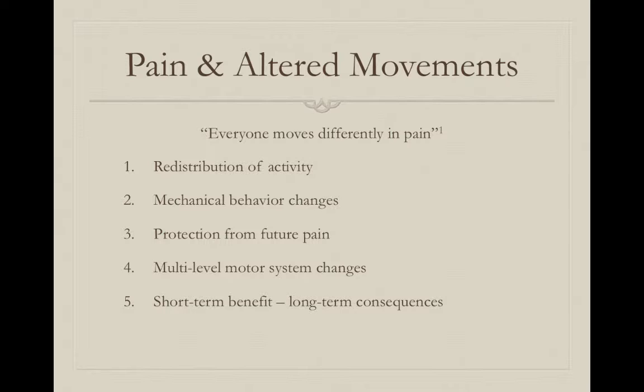As Hodges and Tucker presented in their pain theory, there is a redistribution of activity, mechanical behavioral changes, protection from future pain or injury, the motor system changes on multiple levels, and there are short-term benefits to those altered movements. However, there are long-term consequences.